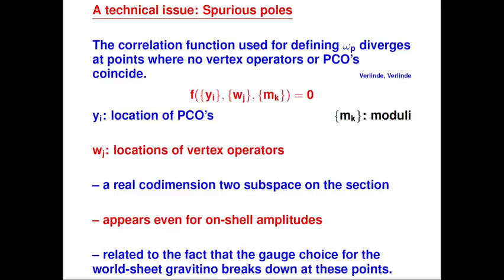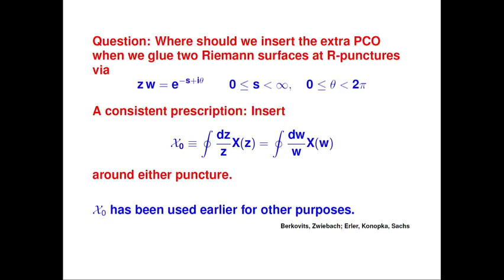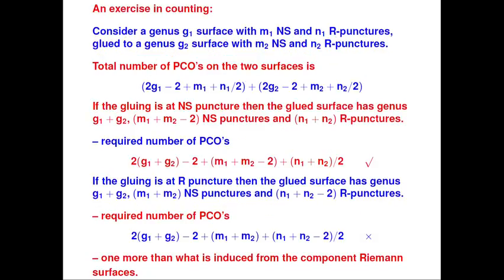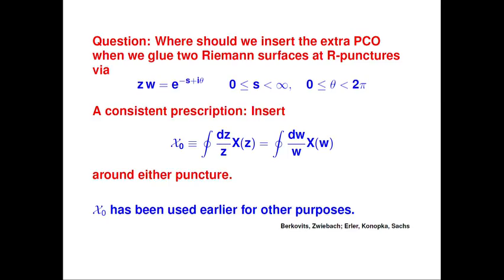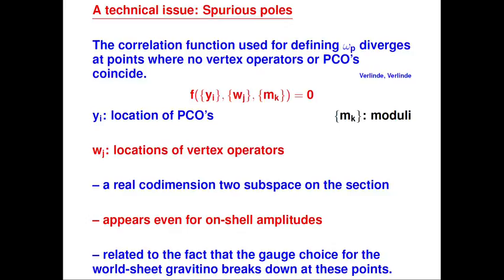And what one can show is that the spurious poles appear precisely when the gauge choice for the worldsheet gravitino that you have made for carrying out the integration over the supermoduli space breaks down. When this condition is satisfied, the gauge choice for the worldsheet gravitino breaks down.